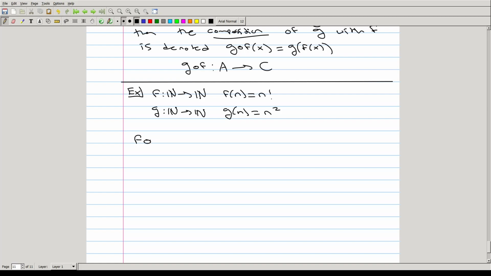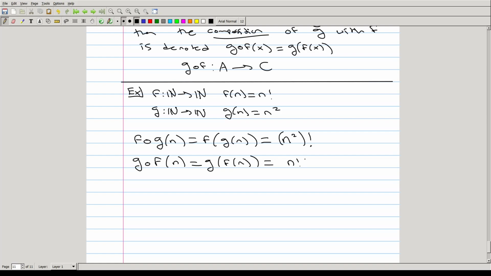In this case, f composed with g of n is going to be f of g of n, which is going to be the factorial of n squared, and g composed with f of n is going to be g of f of n, which is going to be n factorial squared.